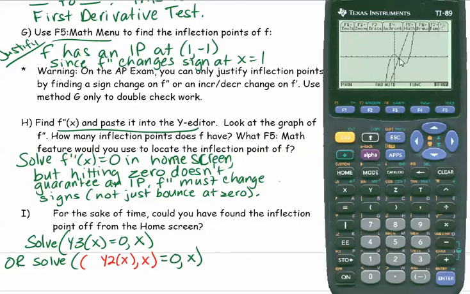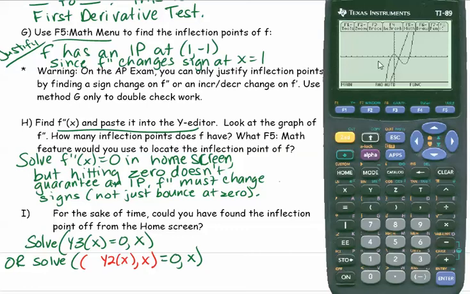And of course, right there where f had its inflection point, that is where the second derivative crosses over the x-axis. So you can verify that both ways. But remember, on your paper, you're going to justify inflection points and concavity using the second derivative.